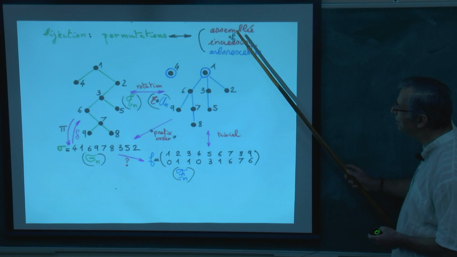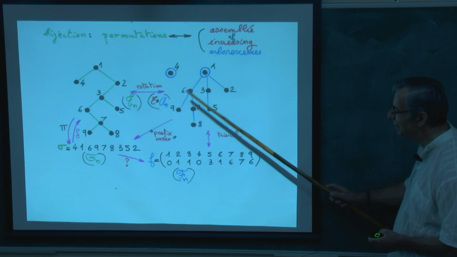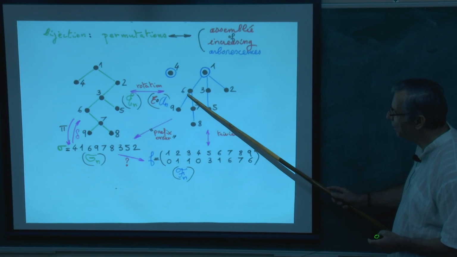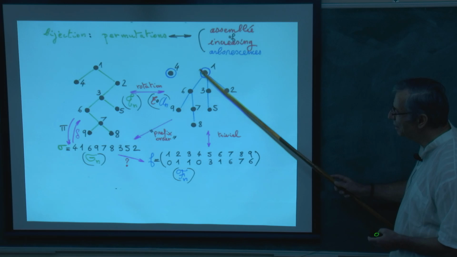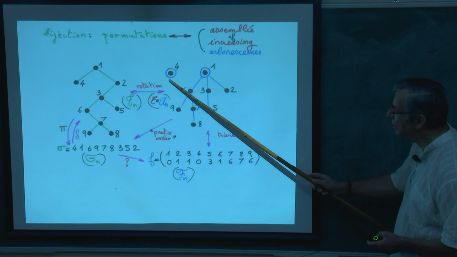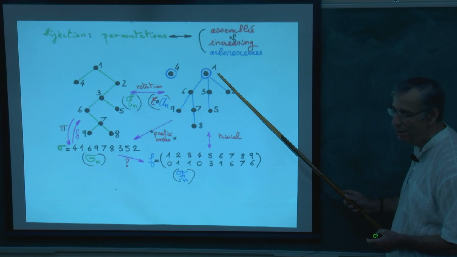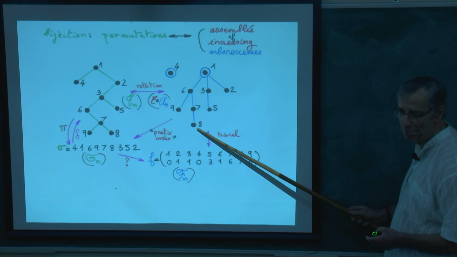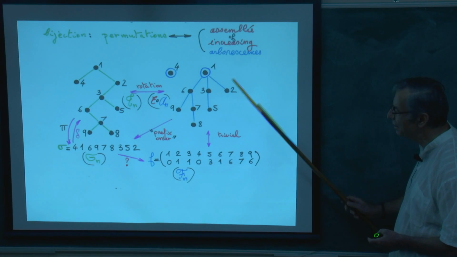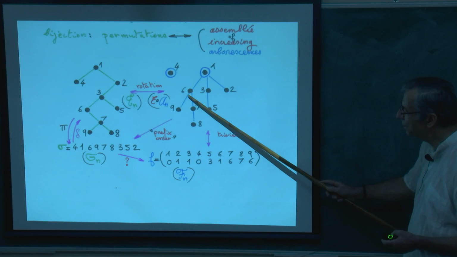This gives me an assembly of increasing arborescences. If I forget the order between the children of each vertex, this is an arborescence in the sense of species, and this is an assembly of arborescences, and they are increasing. So I am in the L species. If you take an assembly of increasing arborescences, you can always put the sons in decreasing order.